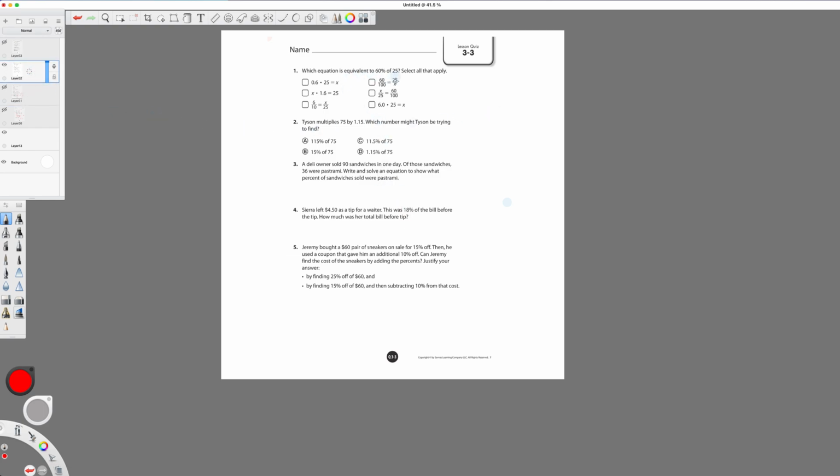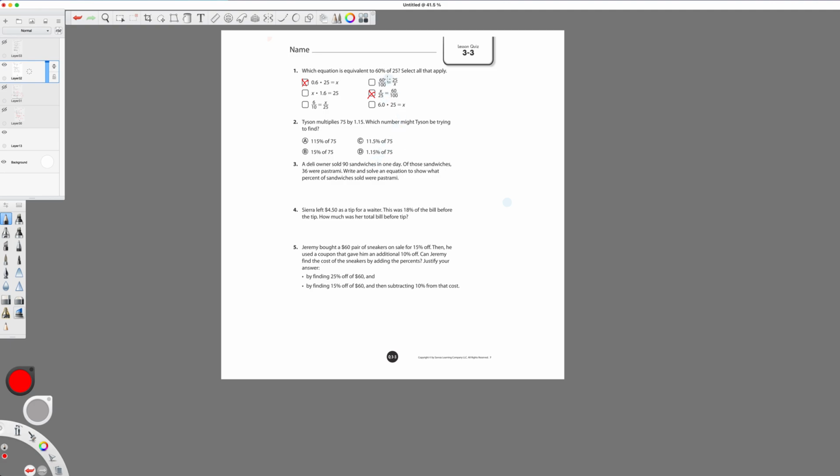Quiz 3.3. It says which equation is equivalent to 60% of 25? Well, we can convert this to a decimal times 25, and that's this one right here. We can also use a proportion. The percent over 100 is something out of 25, and that's this one right here. However, there's one more that also works. If you solve each one of these, you'll get an answer for x.